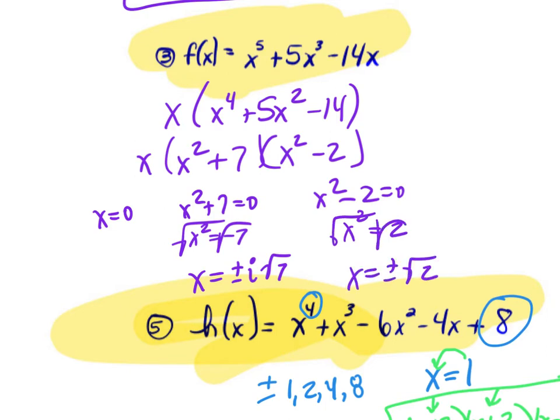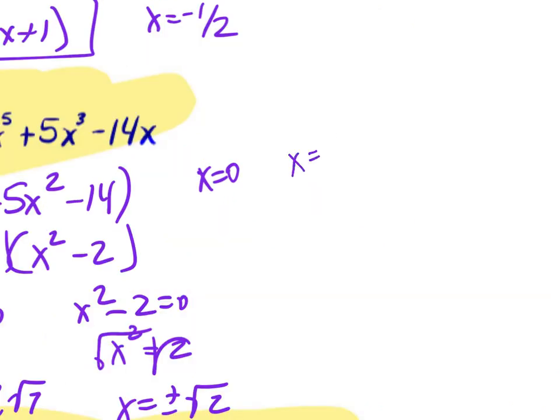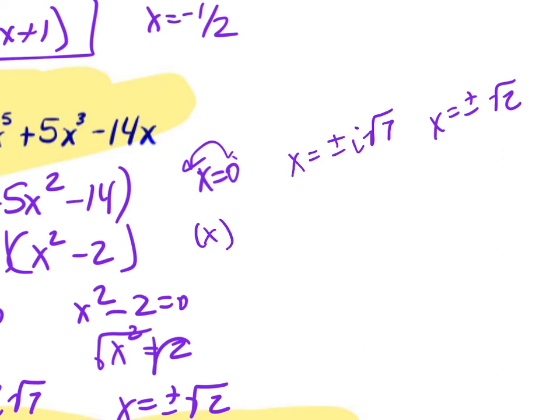So to write as a product of linear factors, I have x equals 0, x equals plus or minus i root 7, and x equals plus or minus root 2. So if I go backwards, x plus 0 or whatever just gives me x, that's fine.